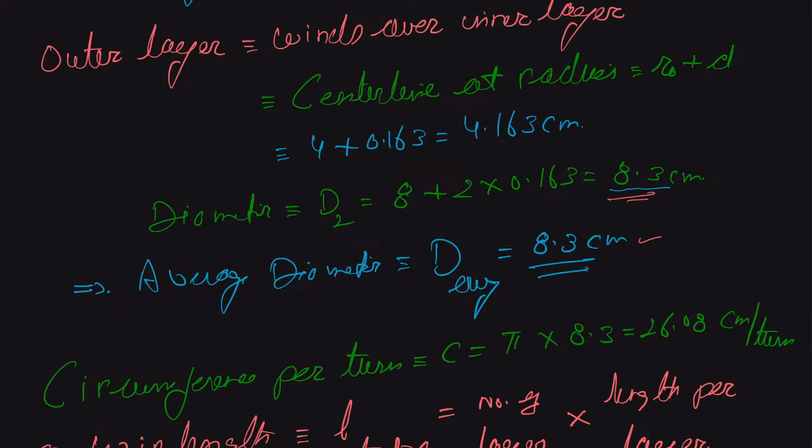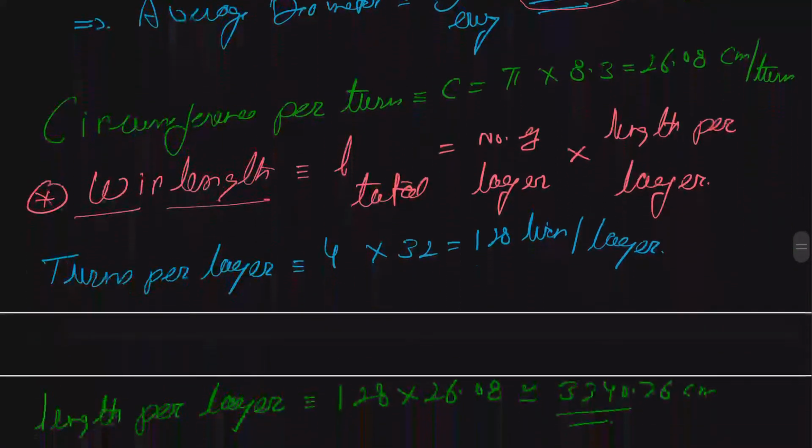So the entire calculation is based on this average diameter which I have taken. If it comes a little bit different, sometimes it comes like 8.25 or 8.22, or we can say 8.29 also, so this calculation will be a little bit different, but the basic concept is going to remain the same.